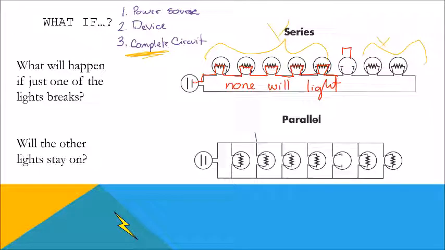In parallel, there are multiple branches, almost like having other little circuits, and the electrons can go from the battery and back through the light bulb and back to the battery without coming across a break. And even these far light bulbs, they can reach. So in a parallel circuit, all will stay lit.